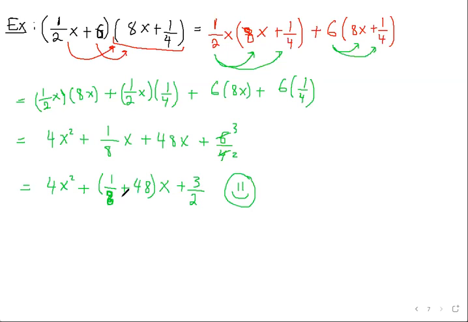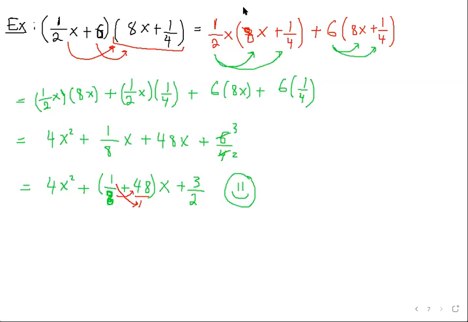I can add this like last time, but these are big numbers. We can do it by cross multiplying. So do it by yourself, okay? I keep it for you as an exercise. 8 times 48, this is over 1, 1 times this one, cross multiply, and over 8.